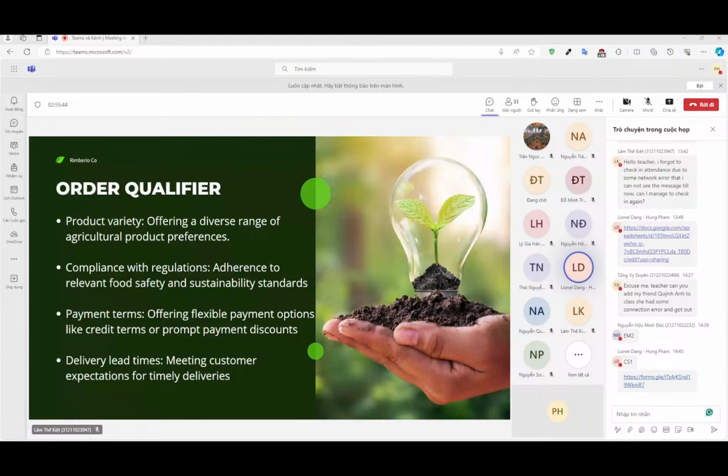Those are very related to the supply chain, but bear in mind the product that you deliver to your customer. For example, the payment terms: does your customer, who is a high-end customer, care much about the payment terms? Not sure. So all the qualifiers are basically what your customer cares about.